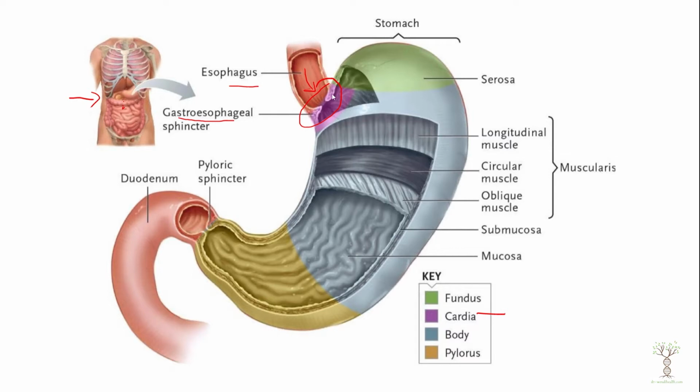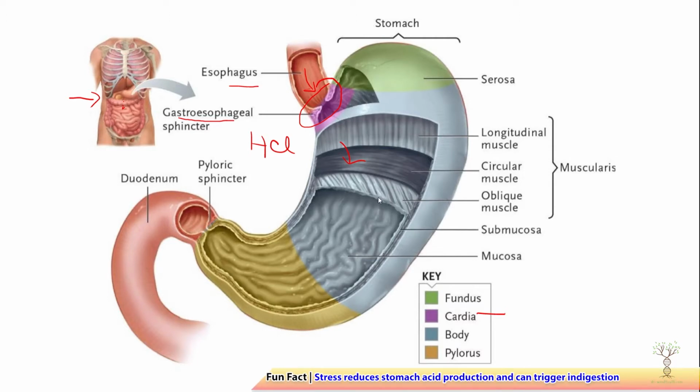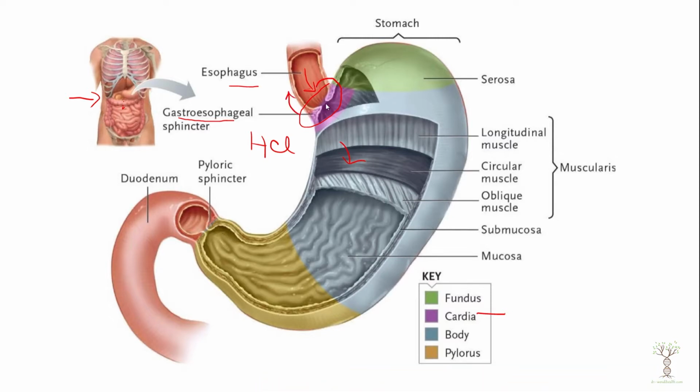Now this ring of muscle closes after we deposit food into the stomach and we start to make hydrochloric acid. Hydrochloric acid actually helps to stimulate this muscle to contract so it closes. Then, as the stomach muscles are contracting, food should not be going back up into the esophagus. So we need the sphincter to keep the food in the stomach while we're digesting it.